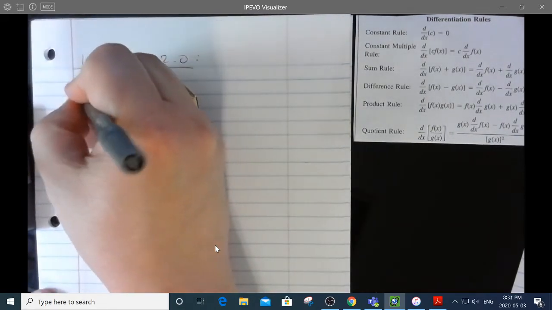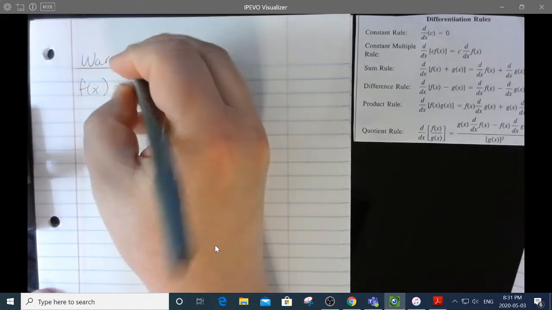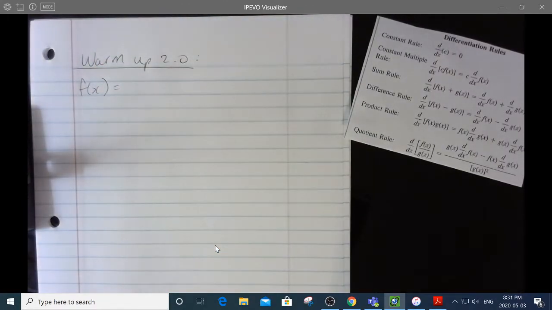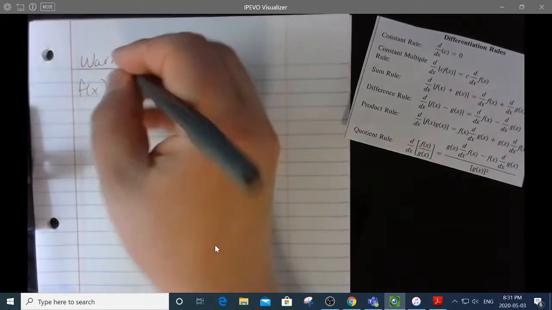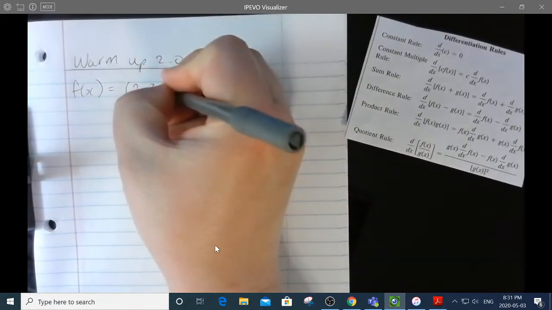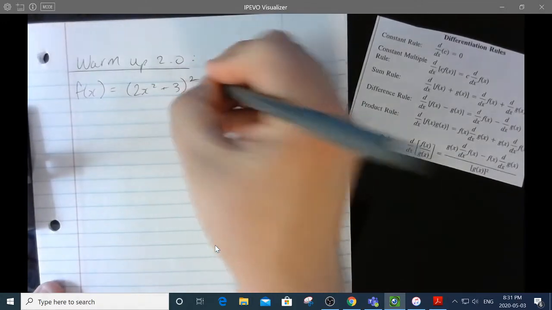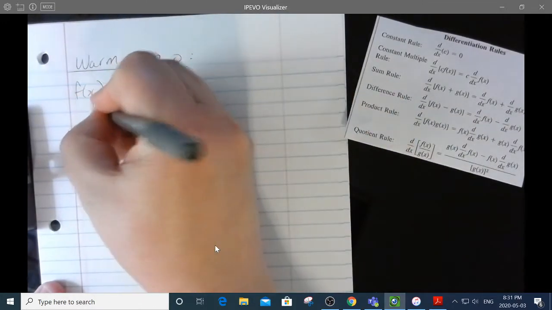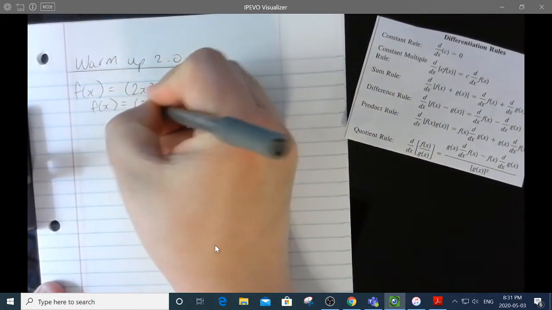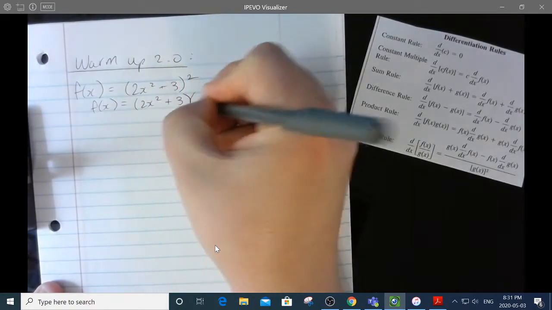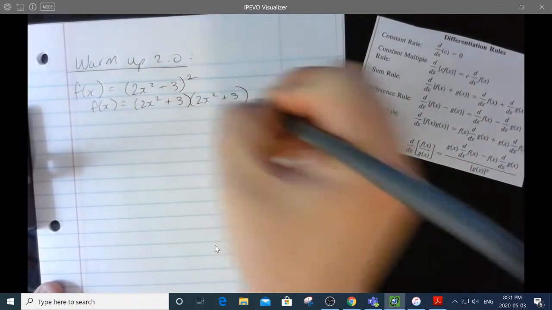If again f of x is 2x squared plus 3, and I have that all squared, I can rewrite that as 2x squared plus 3 and 2x squared plus 3.